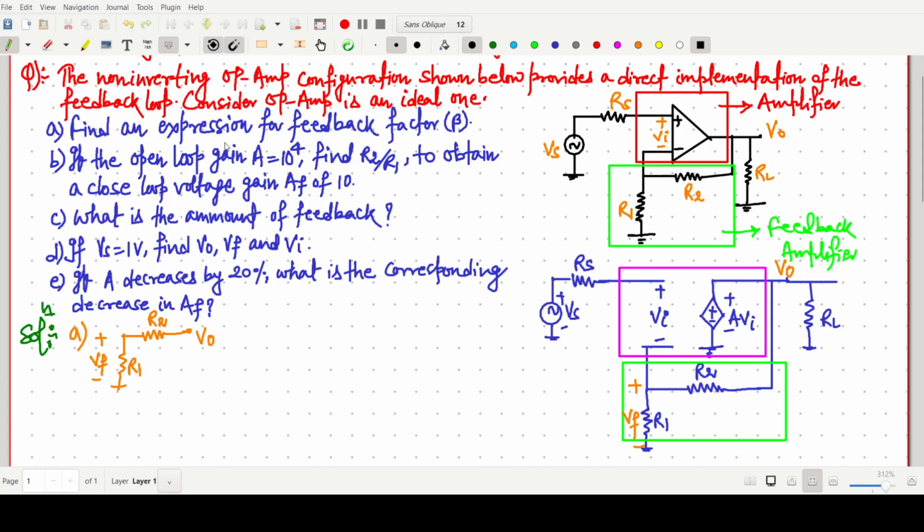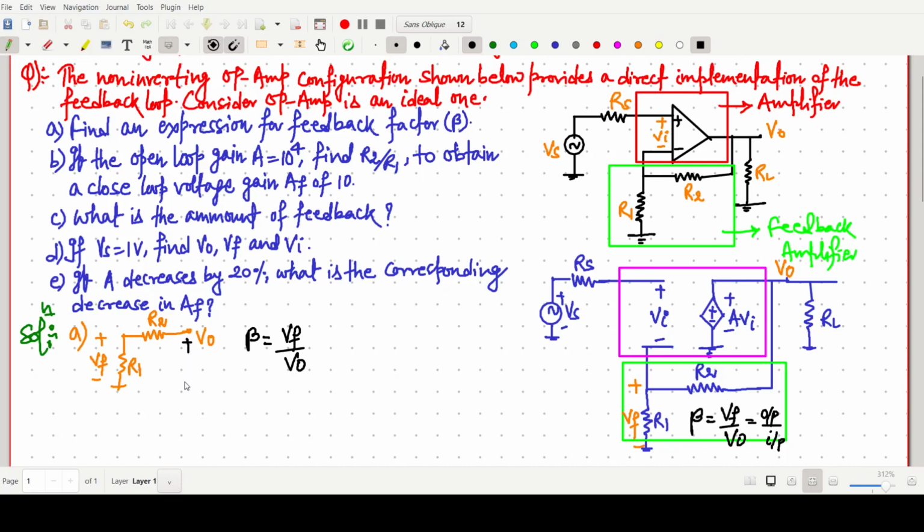The feedback network has beta as its gain. Vf is our output and V naught is the input. So beta is simply Vf by V naught.